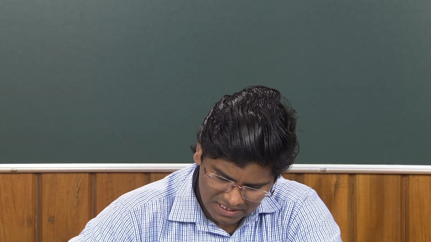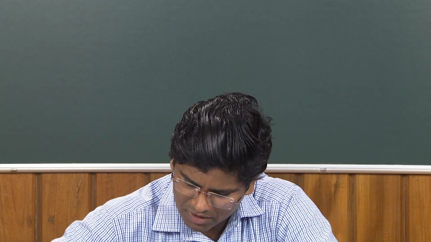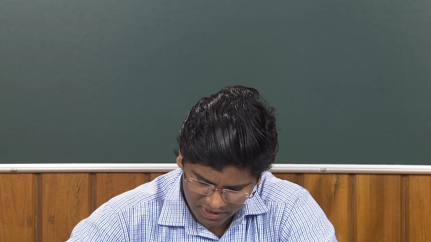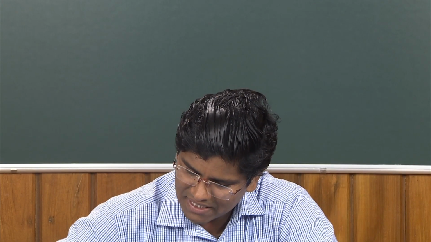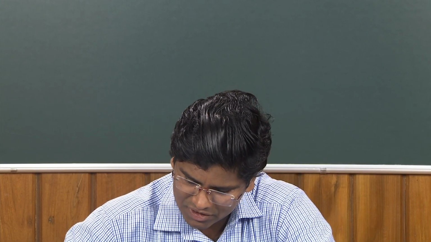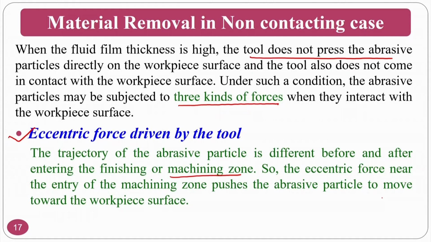The first is the eccentric force driven by the tool. The trajectory of the abrasive particle is different before and after entering the finishing and machining region, so the eccentric forces near the entry of the machining zone push the abrasive particles to move towards the work surface. This is one type of force that will pressurize the fluid towards the workpiece.